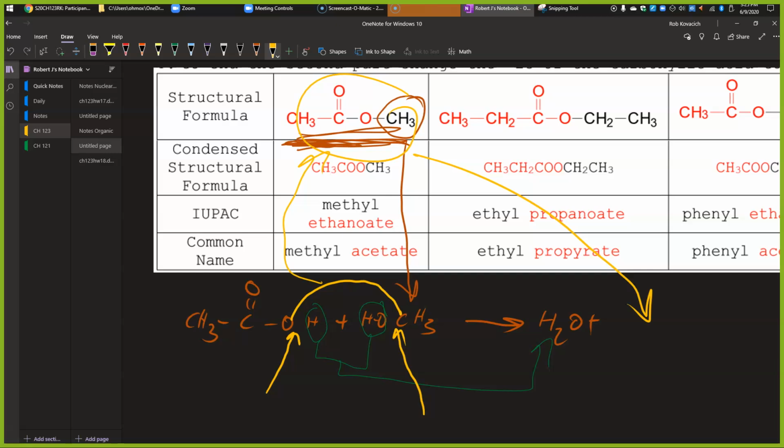The reason this is called methyl ethanoate is because the acid that it came from was methanoic acid, and the alcohol it came from was methanol. That's how we get the name from its two reactants. So what were my reactants for this one here, for this next one? Where do I break this molecule?